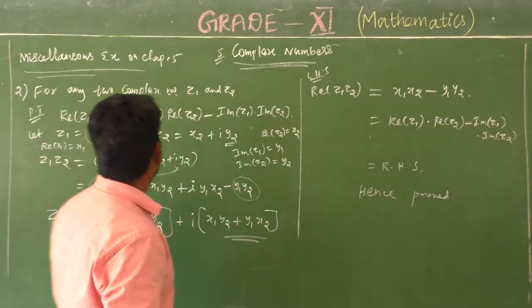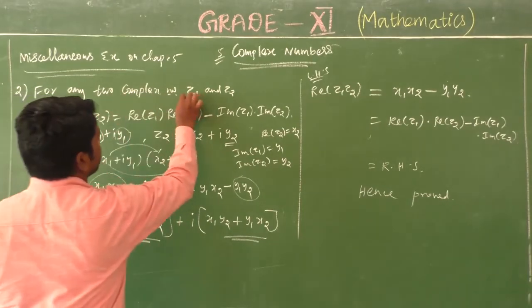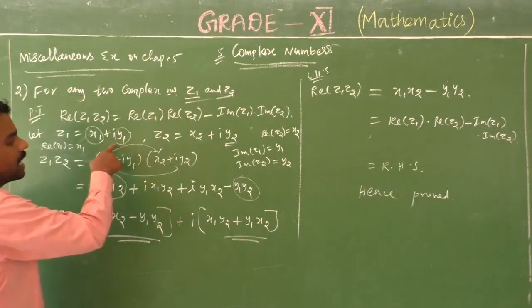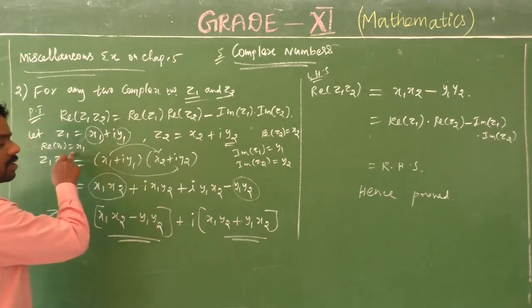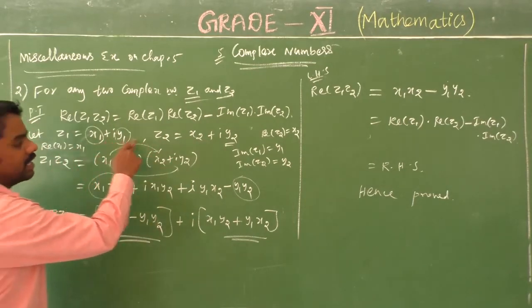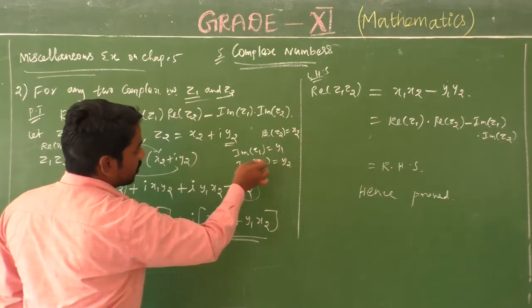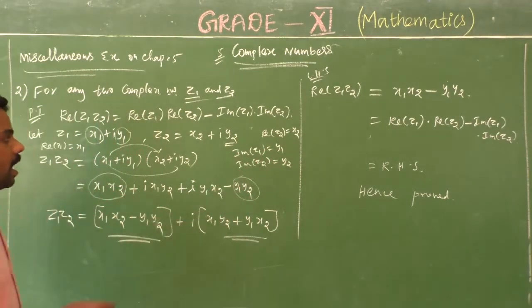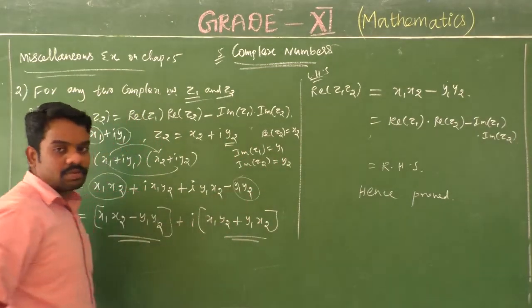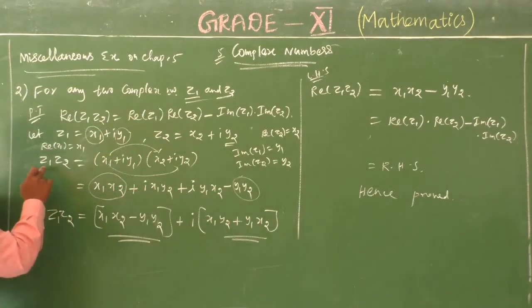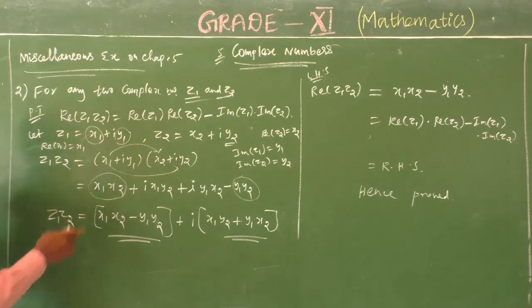Very simple. Two complex numbers z1 and z2, so x1 plus iy1 and x2 plus iy2 are two complex numbers. Here x1 is real part of z1 and y1 is imaginary part of z1, and x2 is real part of z2 and y2 is imaginary part of z2. Okay? Find z1 into z2, normal multiplication of two complex numbers.